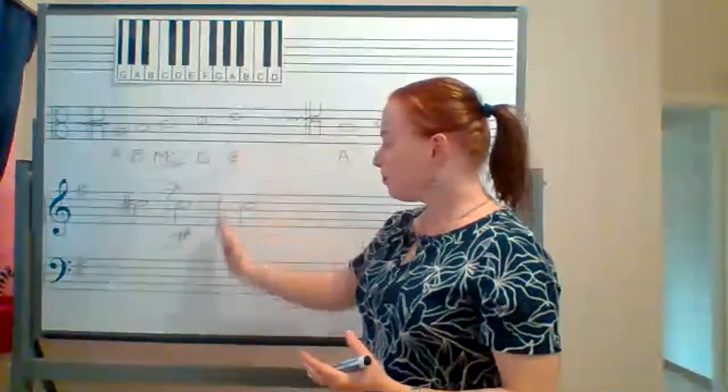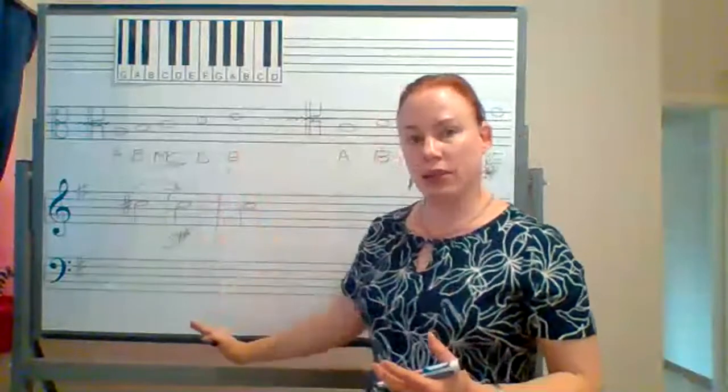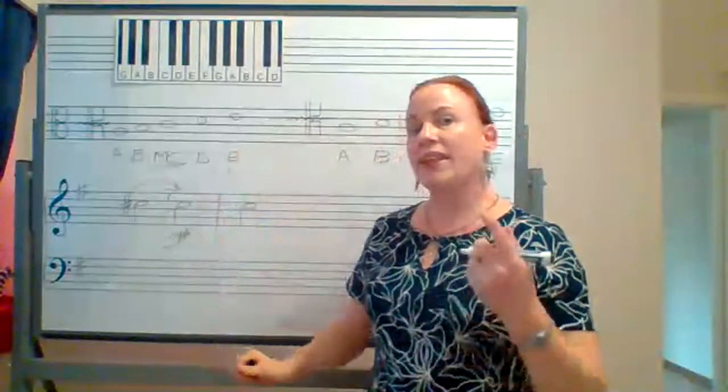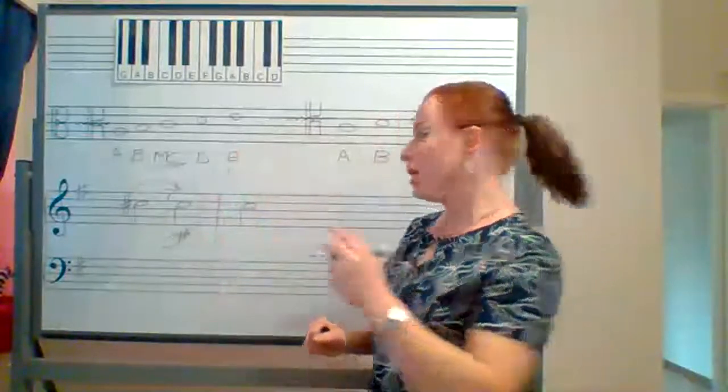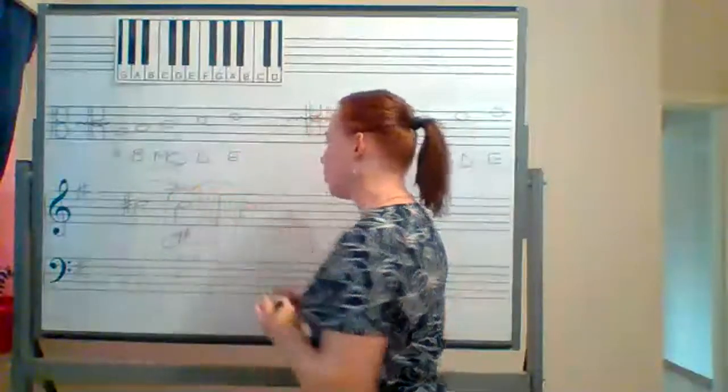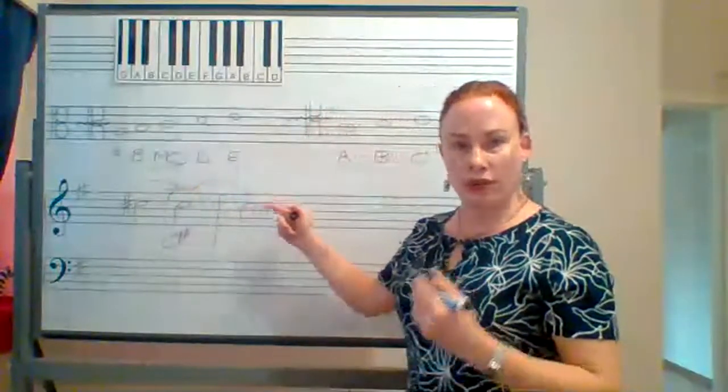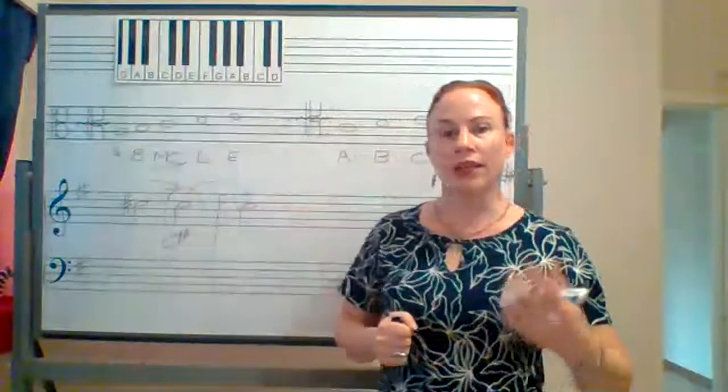So now our bar line cancels the sharp unless there's actually a tie. So just be careful if they do ask you what is the letter name of this note, you're also going to say it's C sharp.